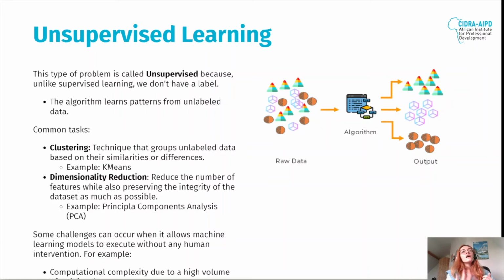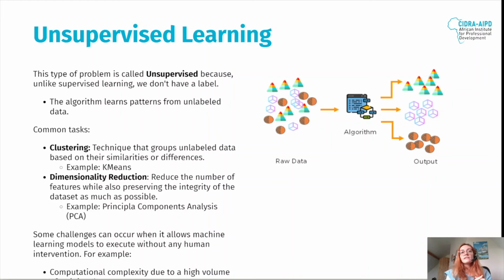In an unsupervised learning environment, it is called unsupervised because we don't have a label. We don't have the truth. So the idea is that the algorithm is going to learn patterns from unlabeled data and be able to cluster to understand how those patterns behave, how I can separate data. So that is the main difference of supervised and unsupervised.